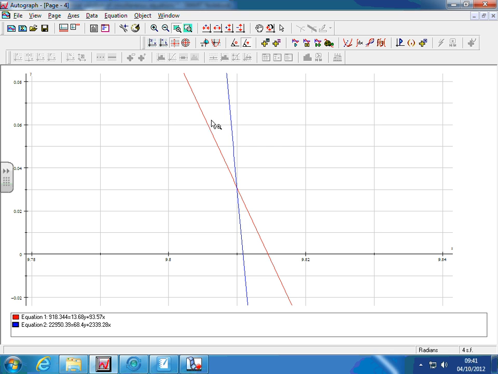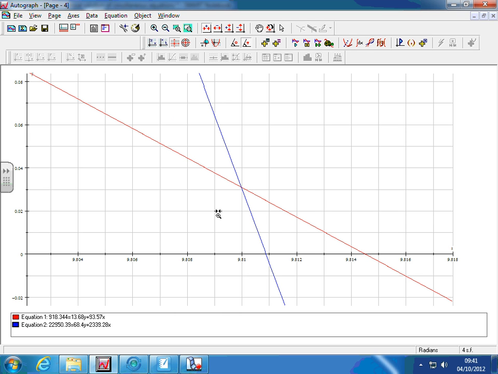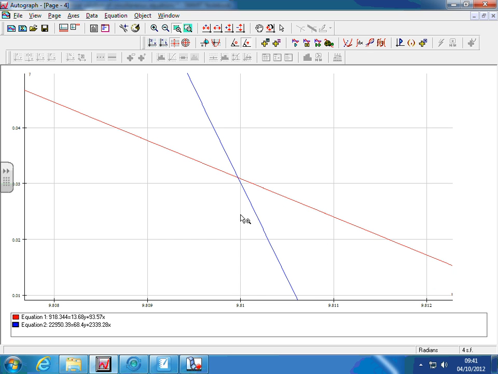So if I want to spread that out, I need to zoom in on the x-axis. So if I want to separate out these lines, I zoom in on the x-axis and then the lines move apart a bit. And then you can get a clearer indication of where they meet. So again, I could use the zoom box to go in and zoom in on these values.